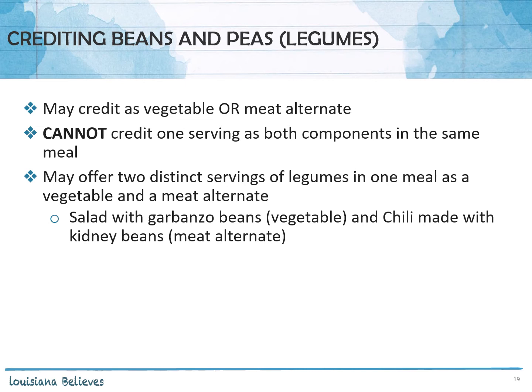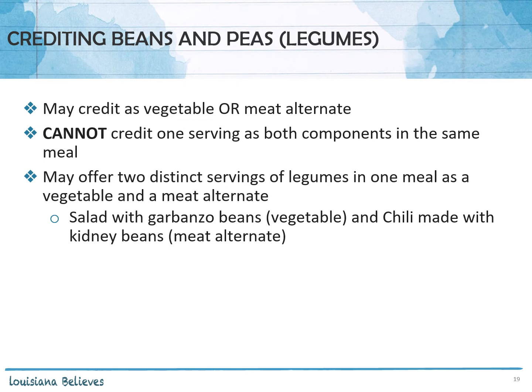For example, a serving of refried beans can be offered as a vegetable at one lunch and a meat alternate at another lunch. The refried beans offered as a vegetable count towards the weekly beans and peas subgroup requirement, but do not count towards the minimum weekly meat alternate requirement.